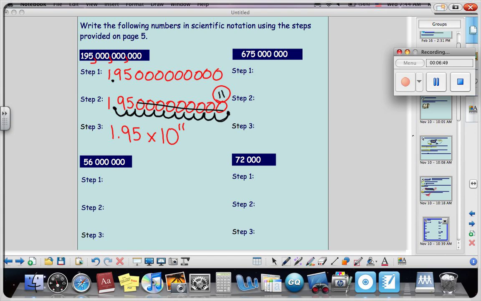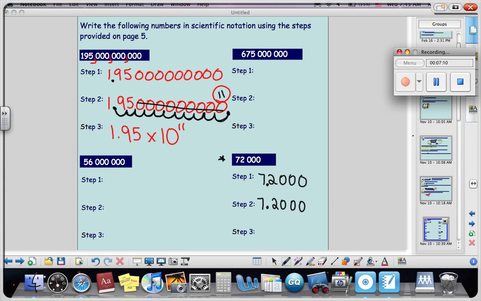And then really quickly, let me do another one. I'll do this one, 72,000. Step 1 is to write the number and put the decimal after the very first number. Step 3 is my counting step.